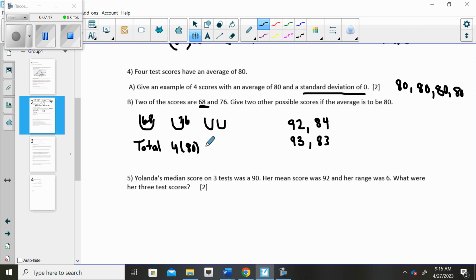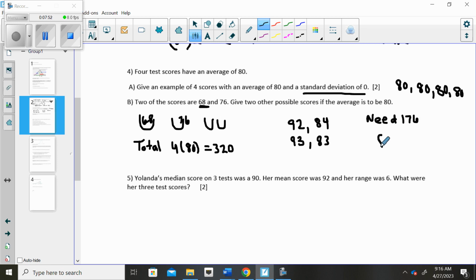Okay, so then I can look at what I already have and say, okay, well, 320, if I were to subtract 68 and 76, right, I need 176 more points.